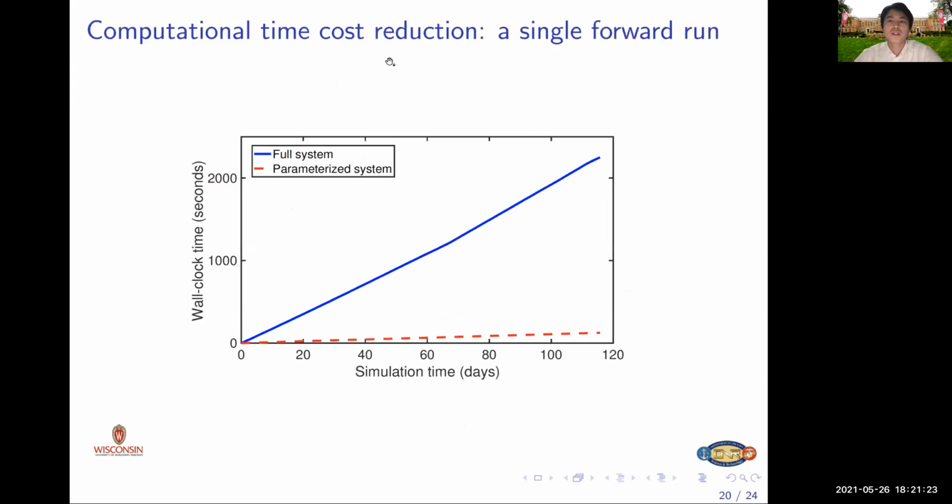Now, computational cost reduction. In a single forward run, if we consider 200 floes in the full system, there are lots of contact force calculations. In the parameterized system, there are 30 large floes and 30 superfloes. So the computational time is significantly reduced in this case.